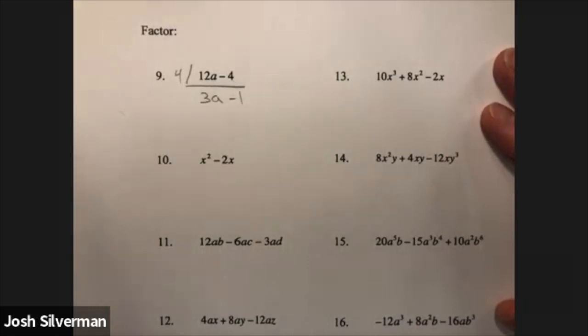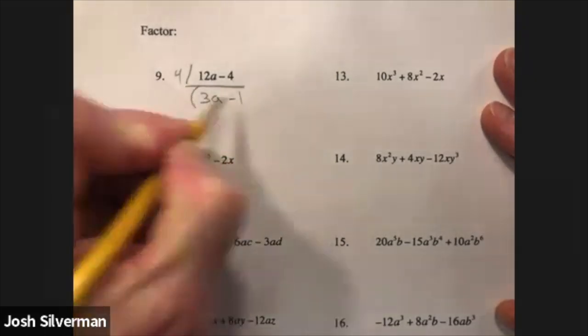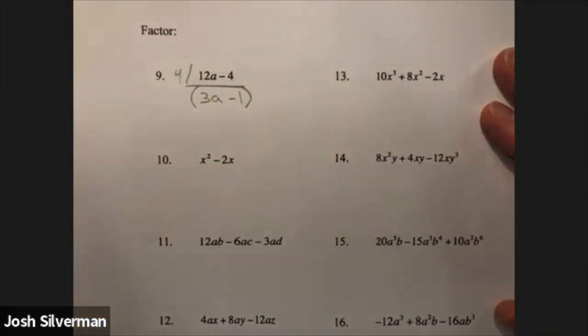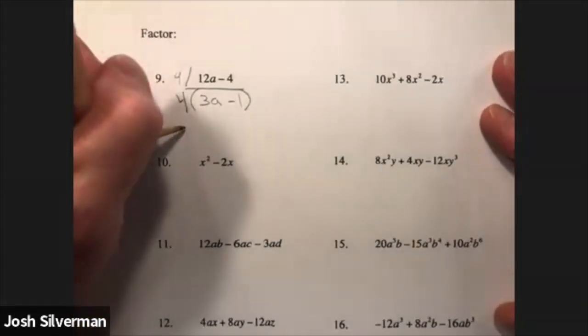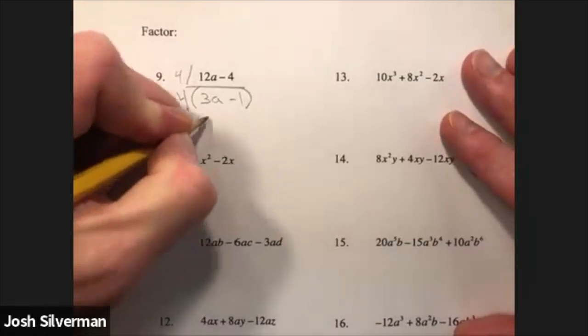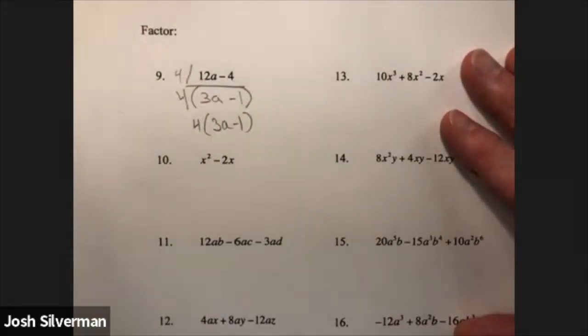And so the way that works is whatever is down here, that's what goes inside of the parentheses. Whatever is out here, that's what goes to the outside. Final answer, 4 times 3a minus 1.